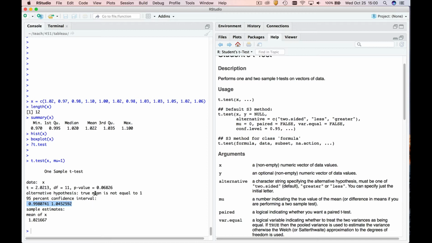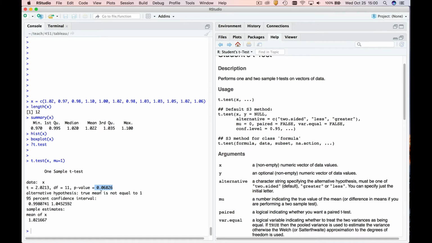We also have a hypothesis test. So if we want to test the null hypothesis that the mean is 1 against the alternative that it's not equal to 1, we get a p-value up here. This p-value is greater than 5%, although it's very close, indicating we have borderline evidence.